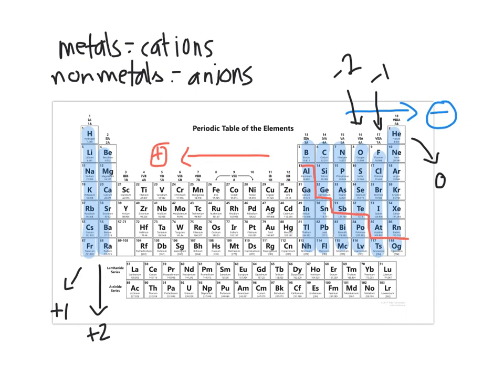Again, if they're going to lose electrons to make cations, positive ions, they will lose the number of electrons in their group. So aluminum would tend to make +3, and gallium +3, and so forth and so on.